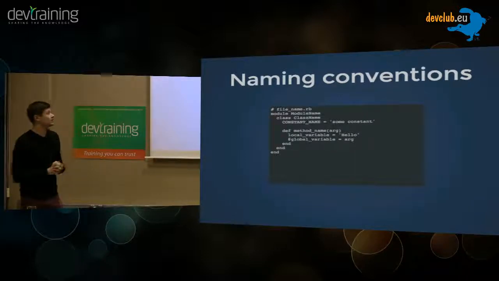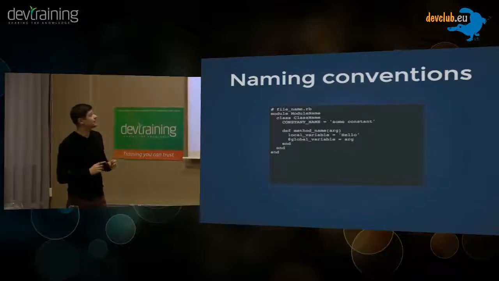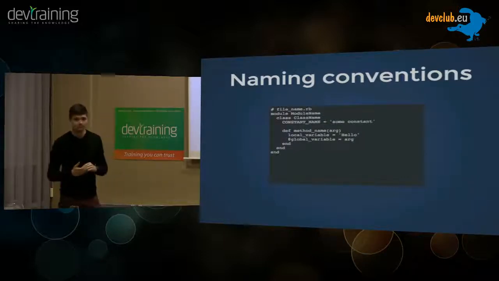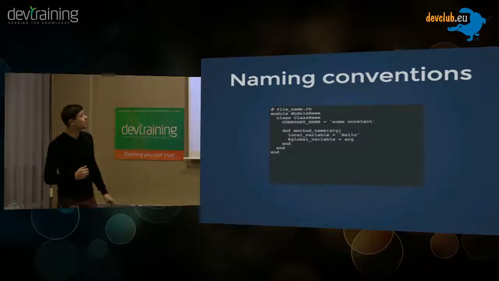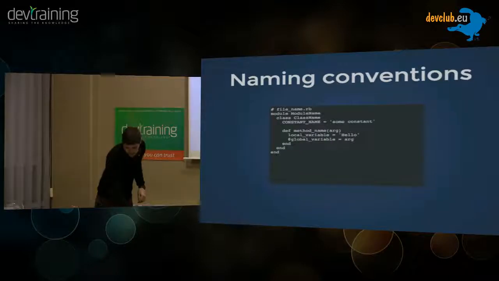And for all the rest, you use normal underscore naming convention. You can see that you prepend @ to instance variables, that makes them visible outside the scope. So this is pretty much it.